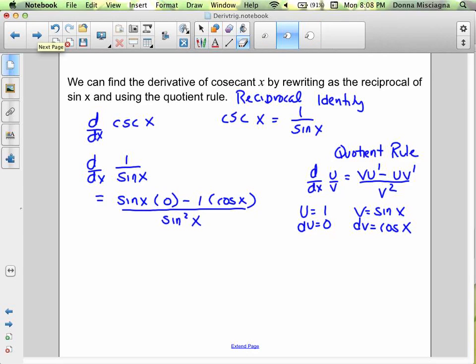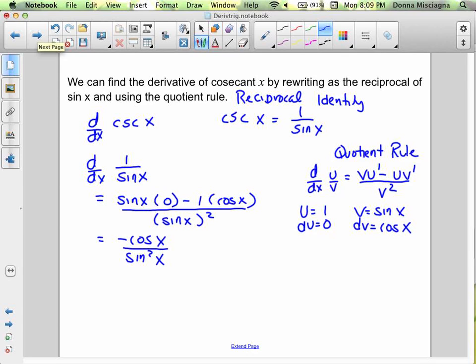Actually, let me write it as sine x all squared, and then we'll change it. Anything times 0 is 0. So we have negative cosine x divided by sine x all squared, which is sine squared x.